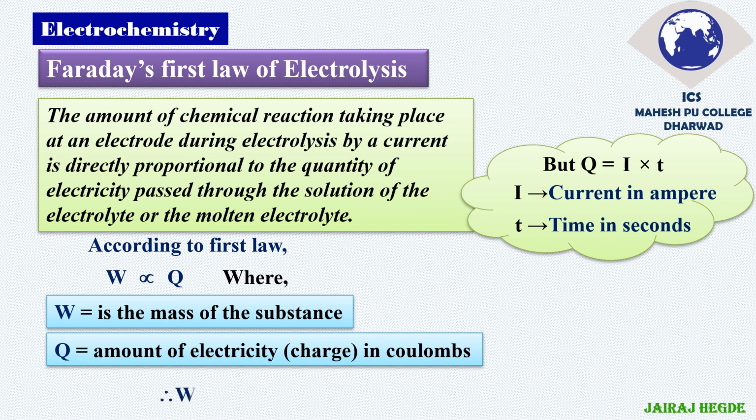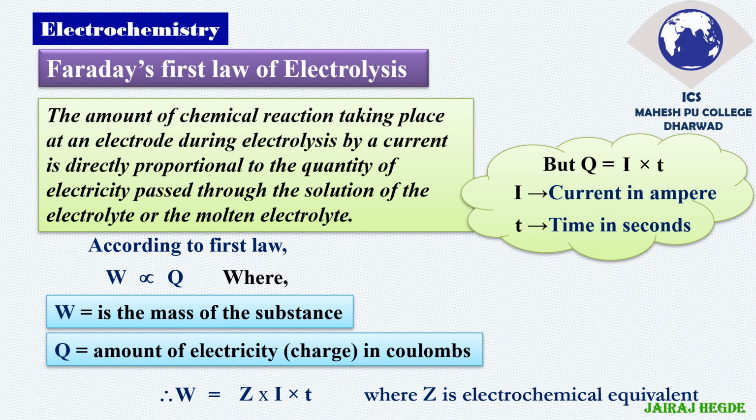So I can write W is equal to Z I T, where Z is a constant called the electrochemical equivalent. We will understand what electrochemical equivalent is and how to calculate it a bit later. So this is a very important formula we should understand.